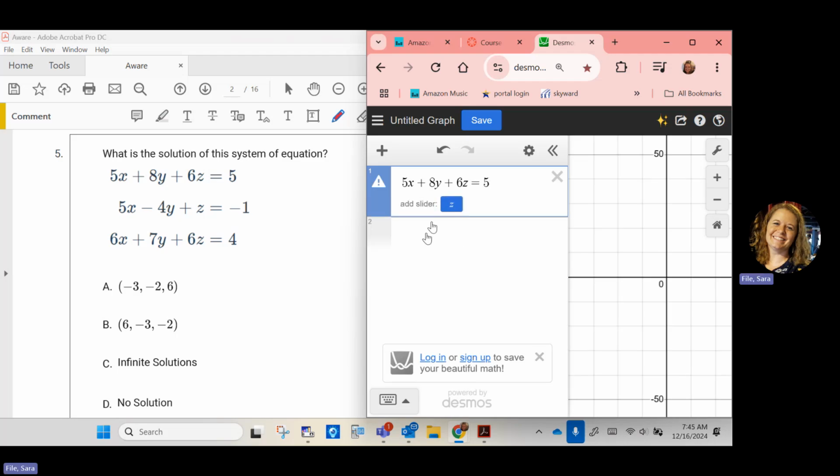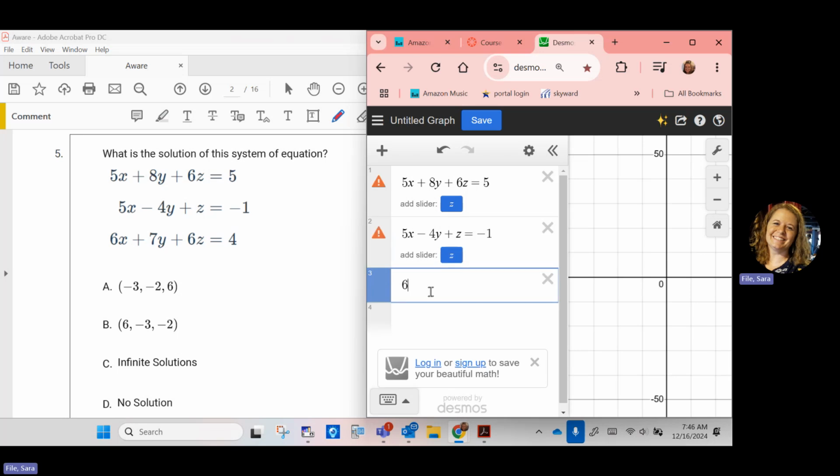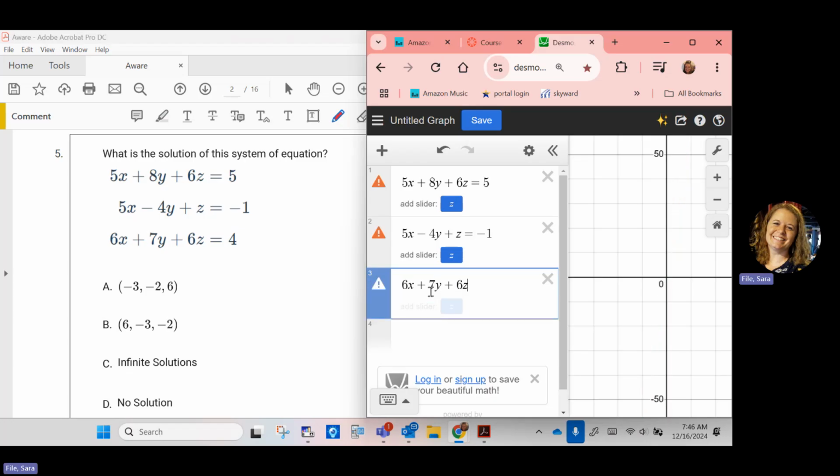And anything that has that extra variable of z is not going to show up on the graph until we add a slider. You can add the slider now, or you can type all of your equations first and then add it. It doesn't really matter. Okay, so then my third equation is 6x plus 7y plus 6z equals 4.